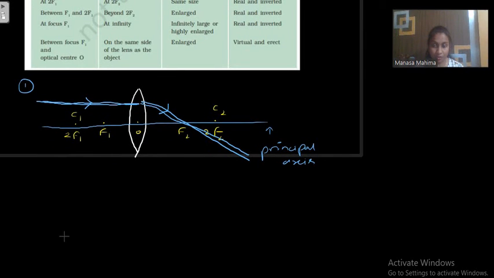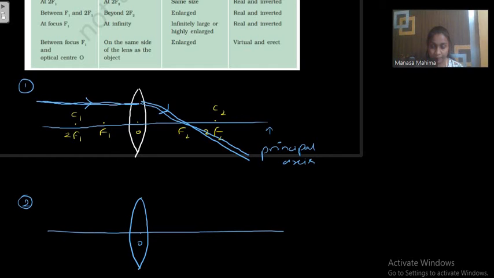If I take the second case, what is the second case? If I take the convex lens here, same thing you can write down. This is the optic center. This is F1, this is 2F1, F2, 2F2.